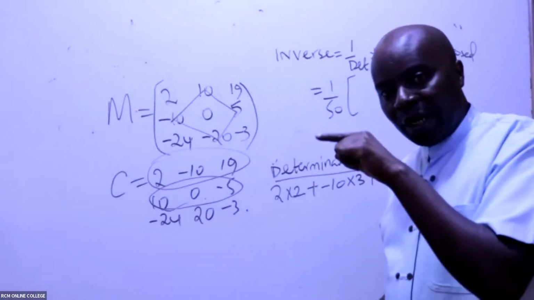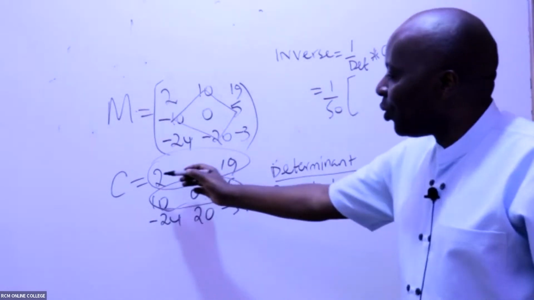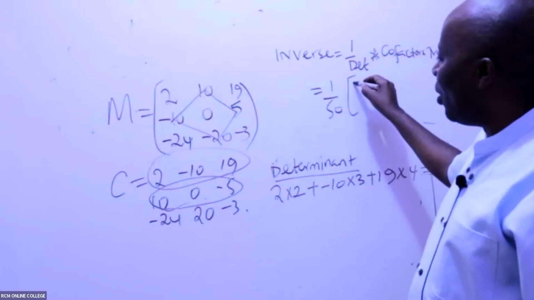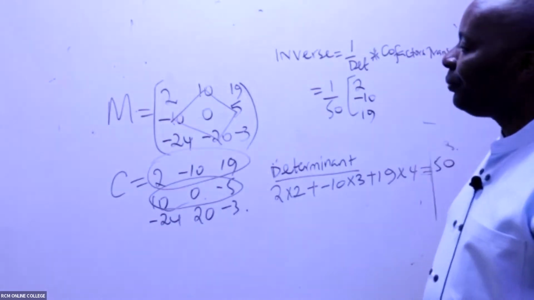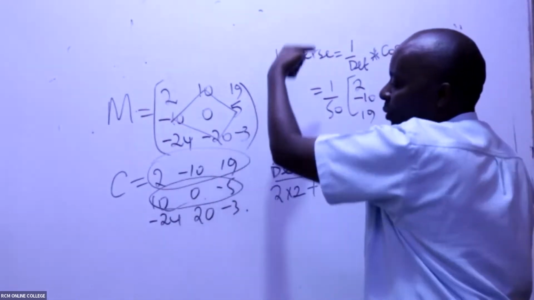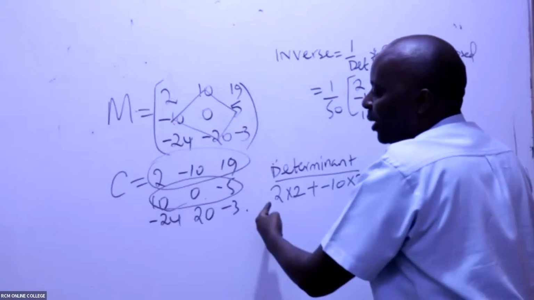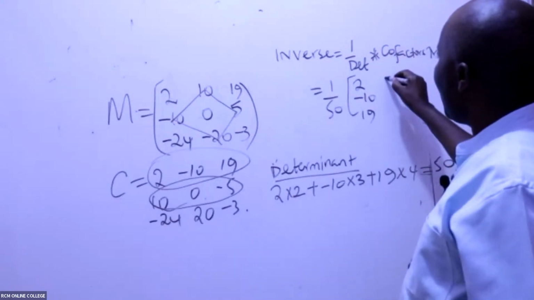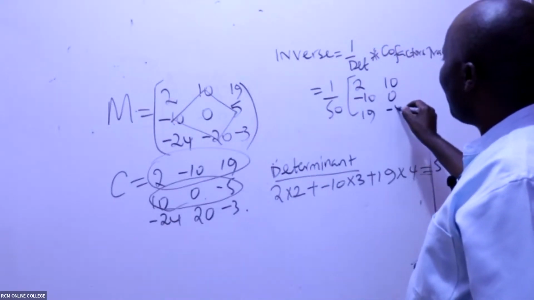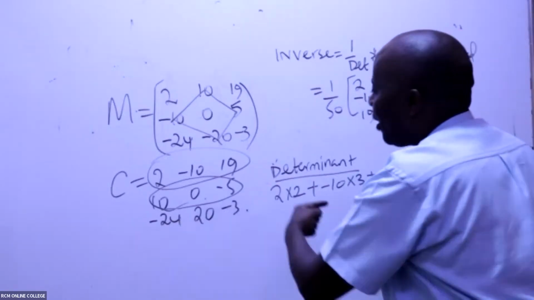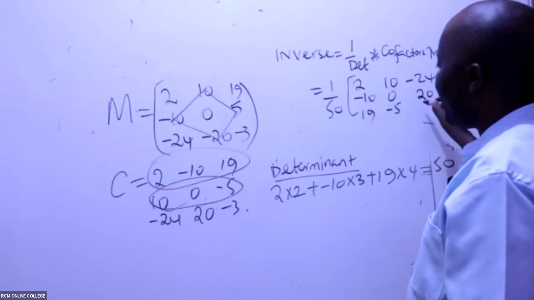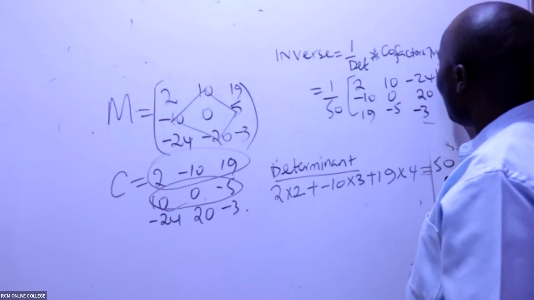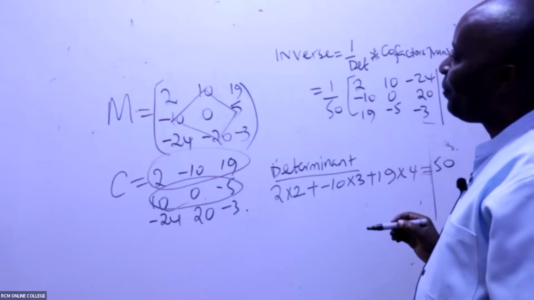So row 1 becomes column 1. So this row of cofactors goes down to give us 2, -10, and then 19. So this is row number 1, which becomes column 1. And then row number 2 becomes column 2. So we have here 10, 0, -5. Then this one here gives us -24, and then we have 20, and then we have -3. So this is our inverse.